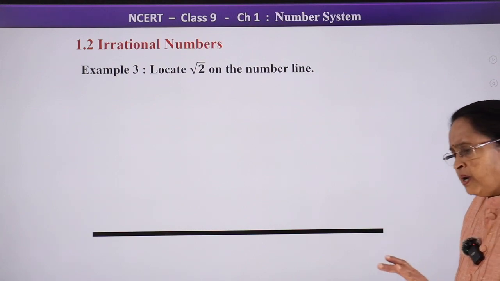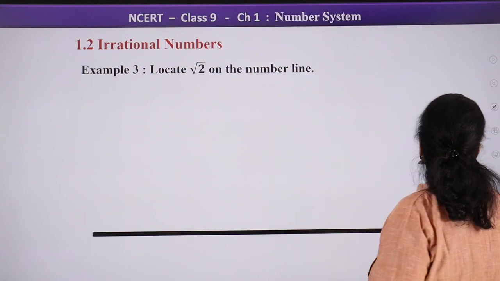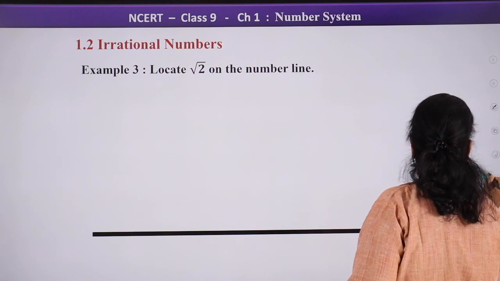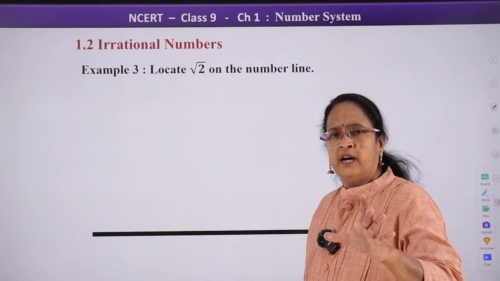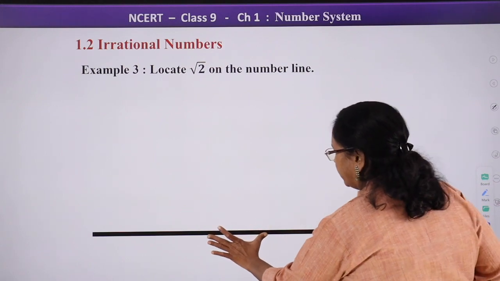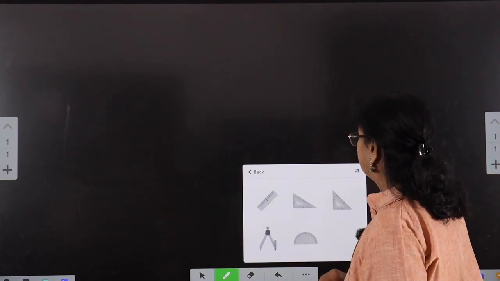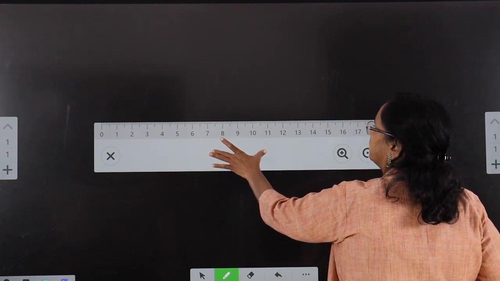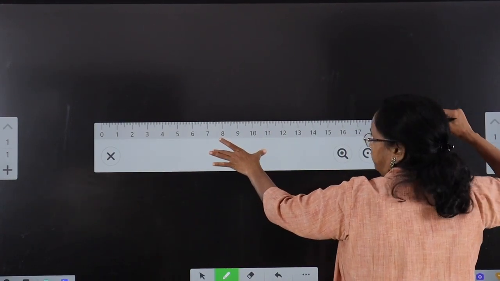Now, I told you, whenever you draw a straight line, we have a ruler. Please hold the ruler like this, and always draw the line from the top.